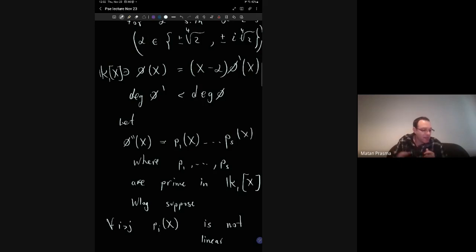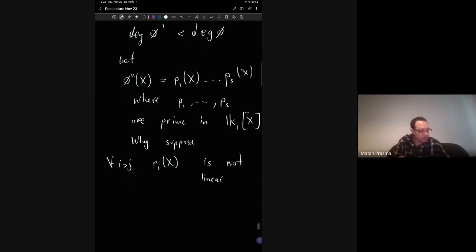Then I take each of these guys. I can consider K1 of x modulo P_{j+1} of x. This I call K2.